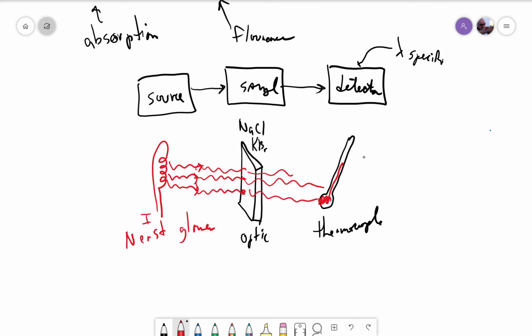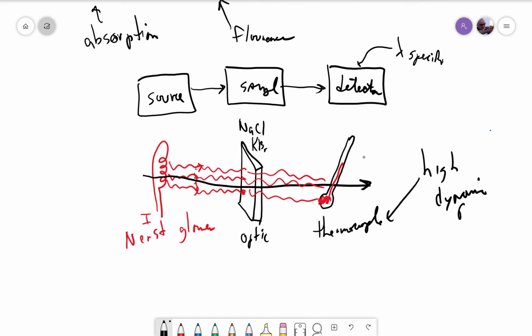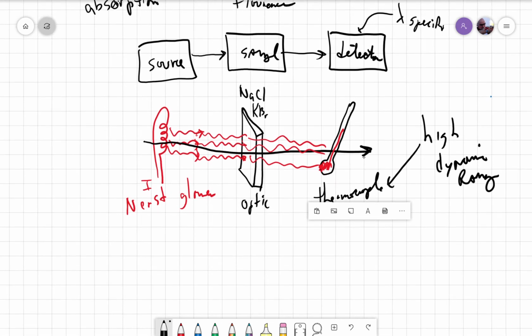This is not very sensitive, but since IR is an absorption event, you still have to have the detector directly in line with the source, and that means that we don't need a high sensitivity detector, we need high dynamic range. IR works for most molecules. It has specificity in the bonds that it's analyzing, but it's still an absorption event, so it has high dynamic range and reasonably low sensitivity.